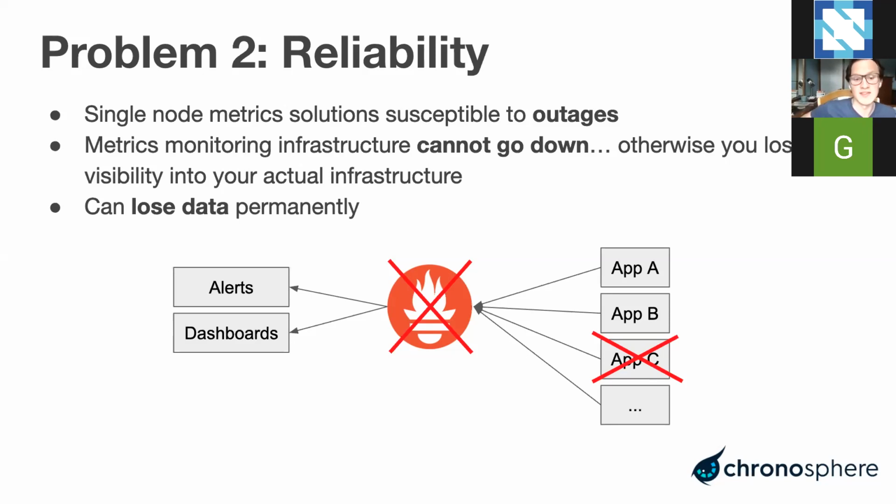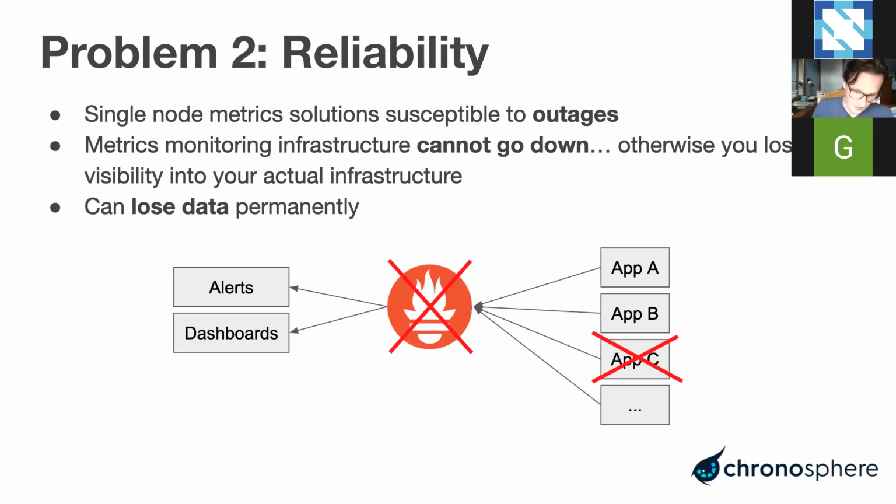And in the world where you're relying on that infrastructure being the single point of failure, that can be problematic. And then lastly, a limitation with this paradigm is the fact that something like Prometheus on its own doesn't have long-term persistent storage built in, and so you need to come up with some other solution to that, or you're also susceptible to losing data permanently if things just crash.